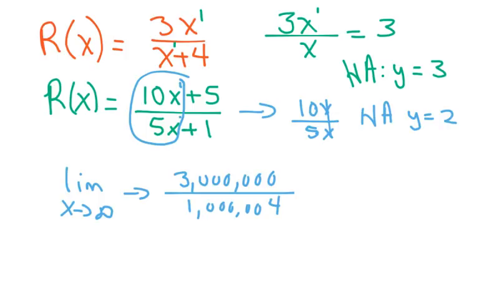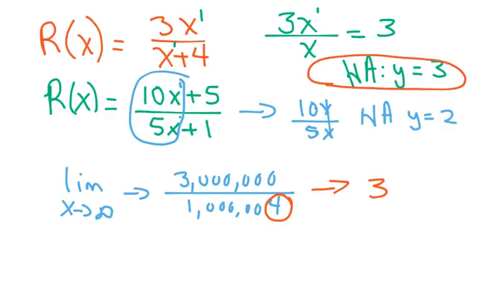When you look at this 4 here, it's really insignificant. It's kind of like a cast off. And if you disregard it and you divide this, we're going to get closer and closer to 3. And that's why the horizontal asymptote would be y equals 3.